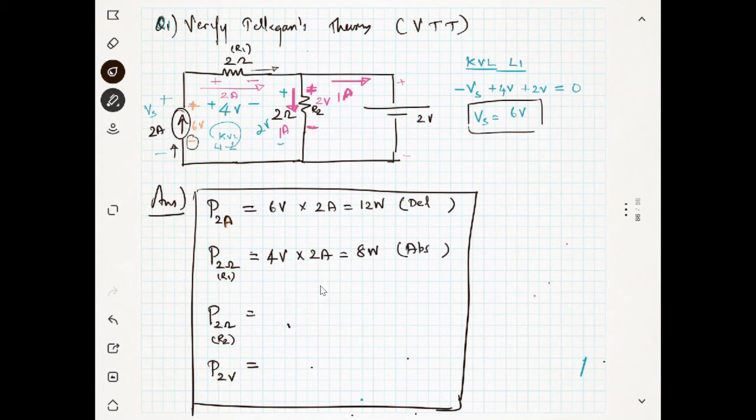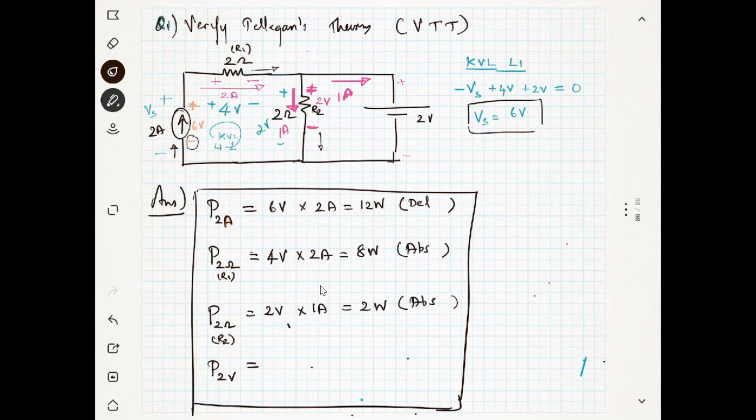Next one, 2 ohm R2, the resistance R2. The voltage is 2 volt multiplied by 1 ampere, so it is 2 watts. Is it absorbed or delivered? The current is going away from the negative terminal, so it is absorbed.